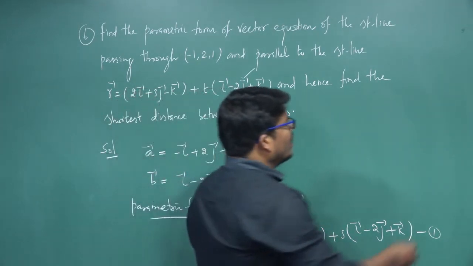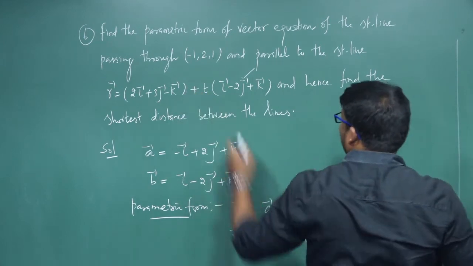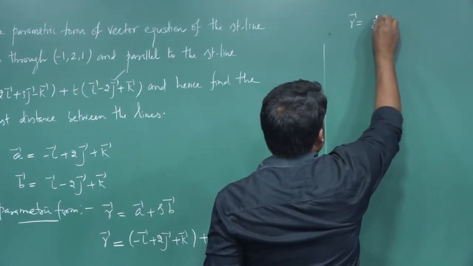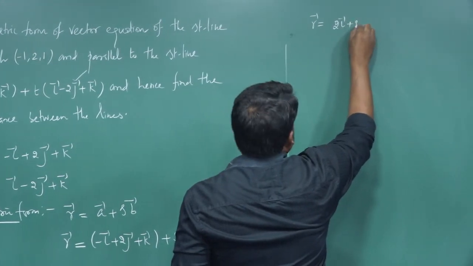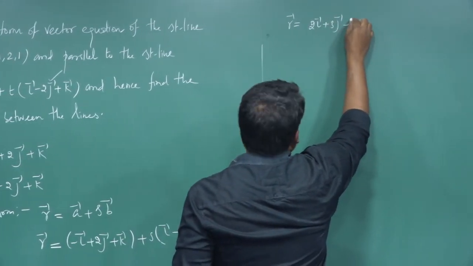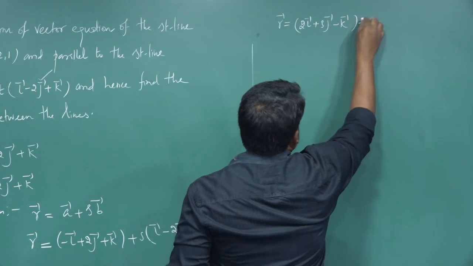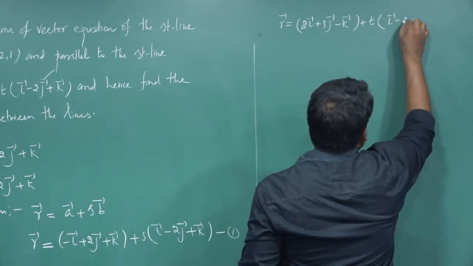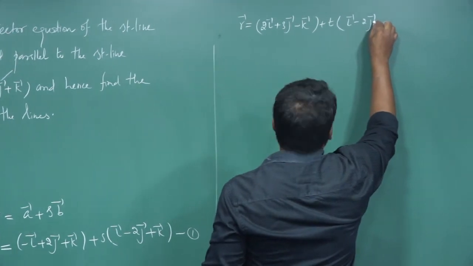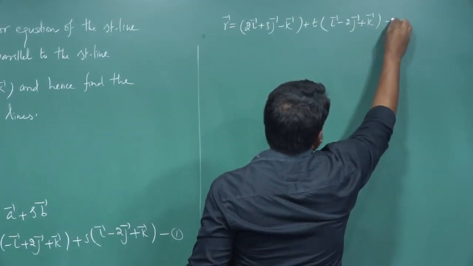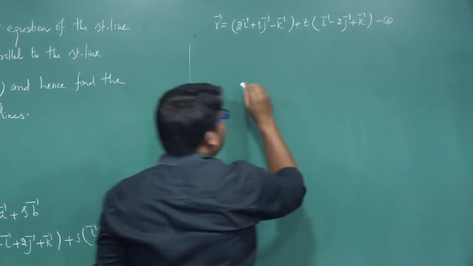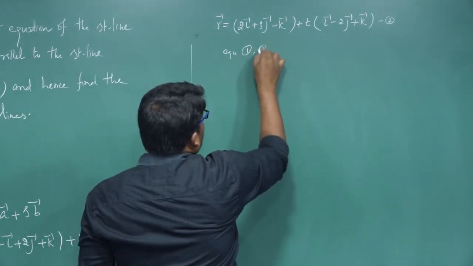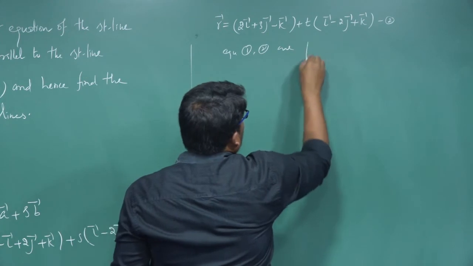The second equation of the line is r vector equal to 2i vector plus 3j vector minus k vector plus t of i vector minus 2j vector plus k vector. That is equation number 2. Therefore, equations 1 and 2 are parallel.